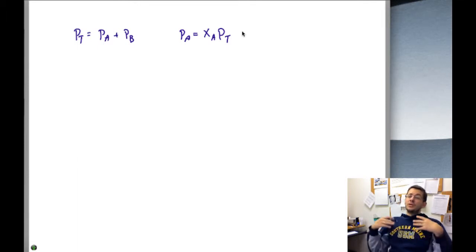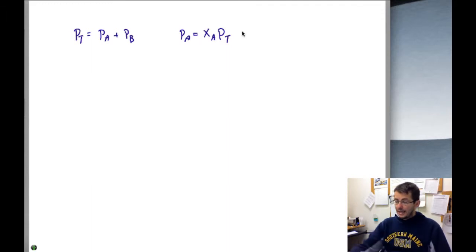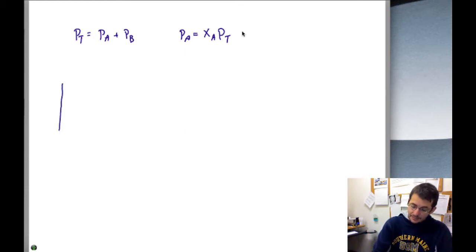Now, where this really comes into play is when you trap gases. Anytime, how do you capture gases?